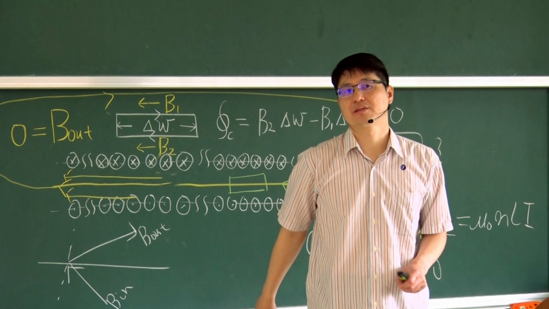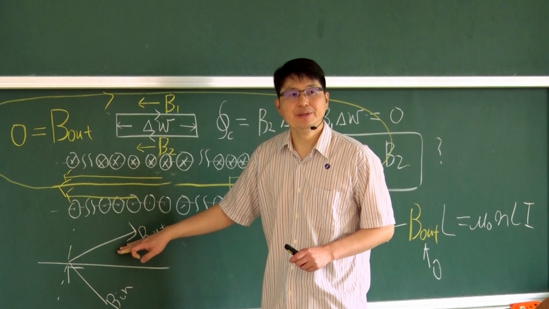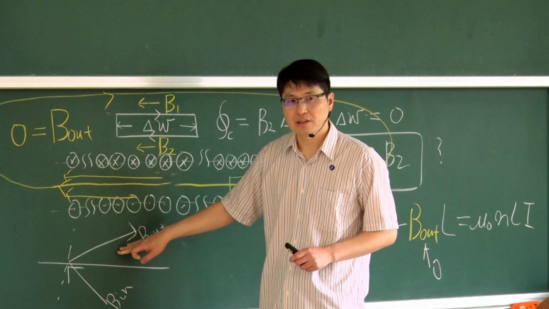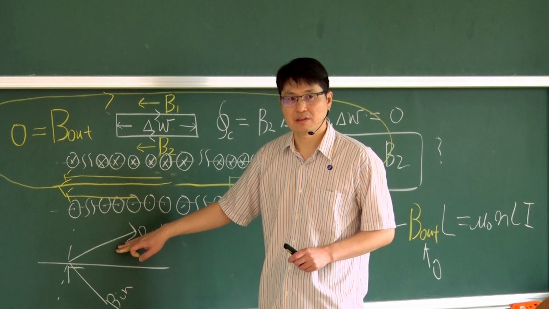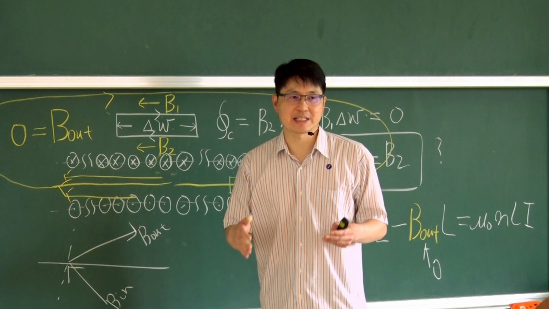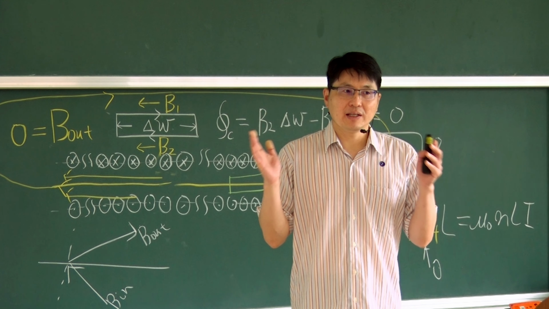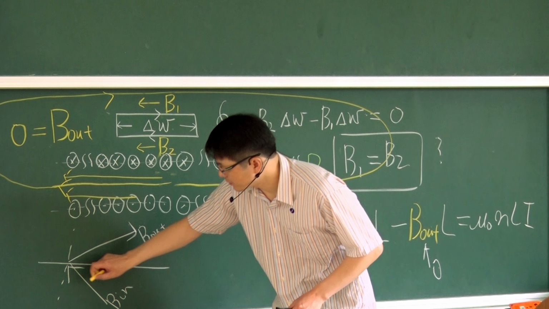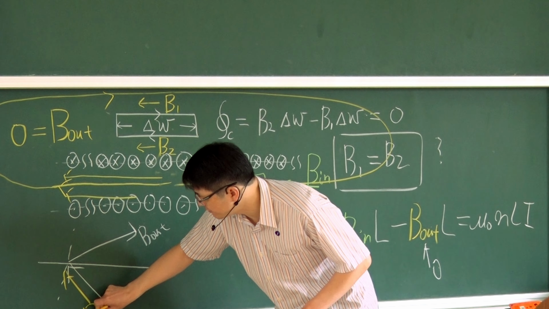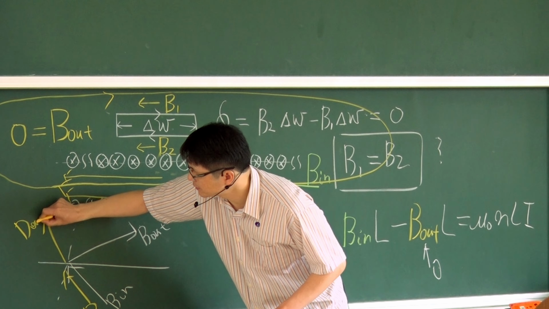Now think about it. This is a very unique capability only seen in magnetic fields. As your examination is coming up next Monday, everything in E field, you have a field coming in, D field, and you have a field coming out, D out.